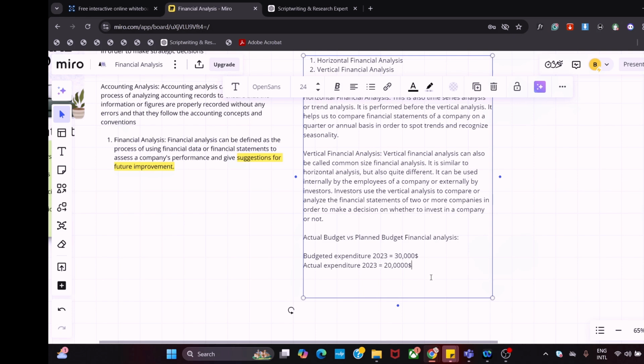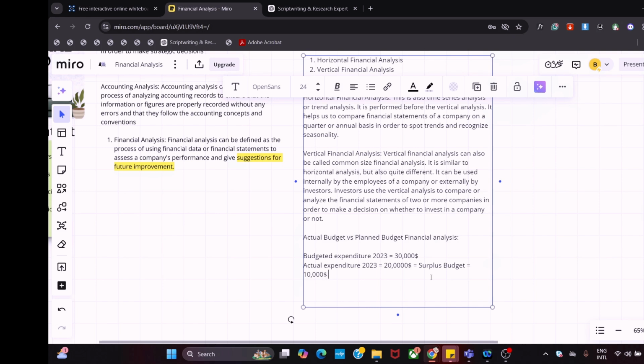Now, this is what we call surplus budgets. This simply means that the budgeted expenditure exceeded the actual expenditure. So as you can see now, the difference between the actual budget and the planned budget is $10,000.